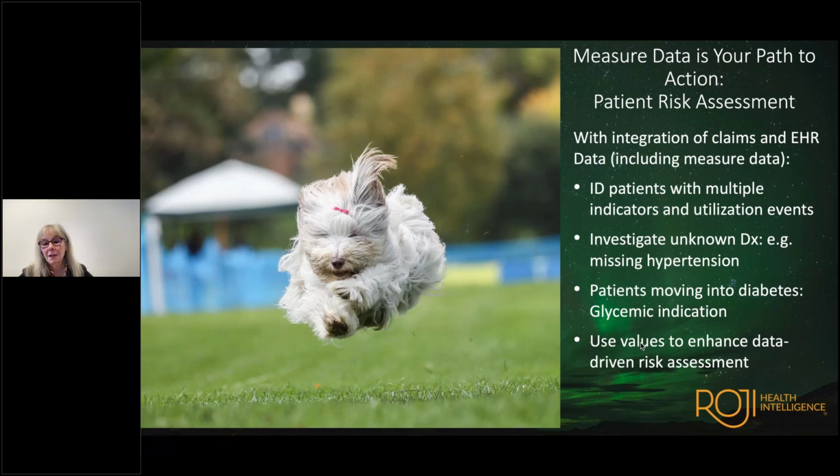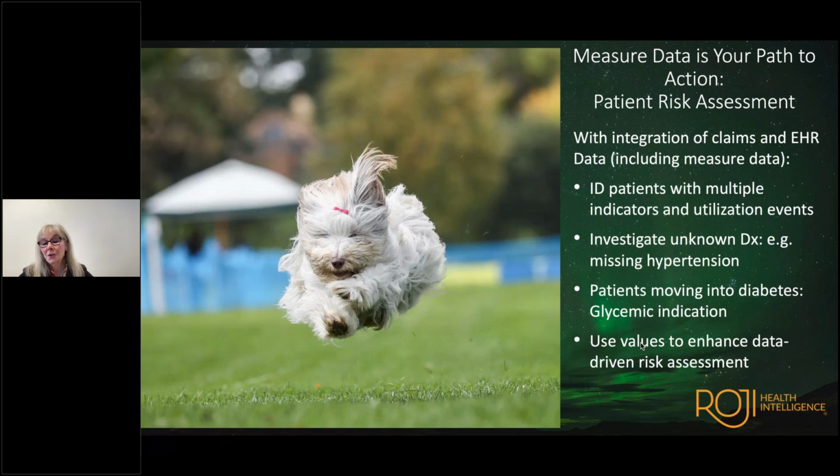Patients moving into diabetes without a glycemic indicator, but not yet an A1C, gives you your early diabetes population to work on interventions and also put in your risk assessment model.